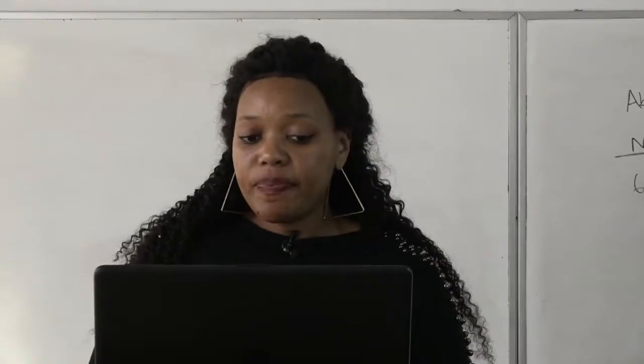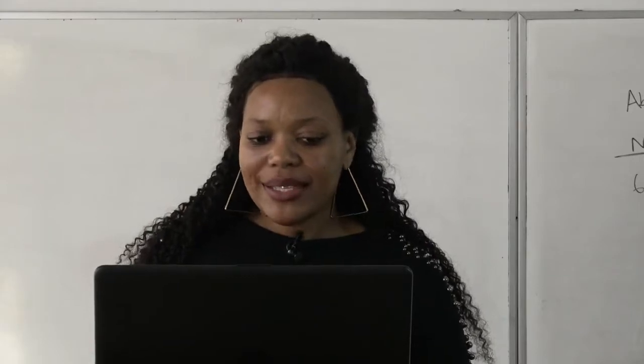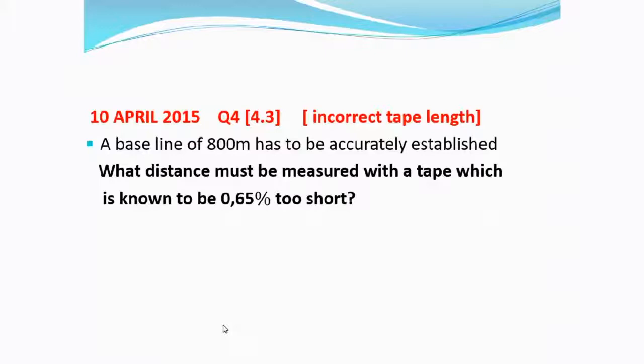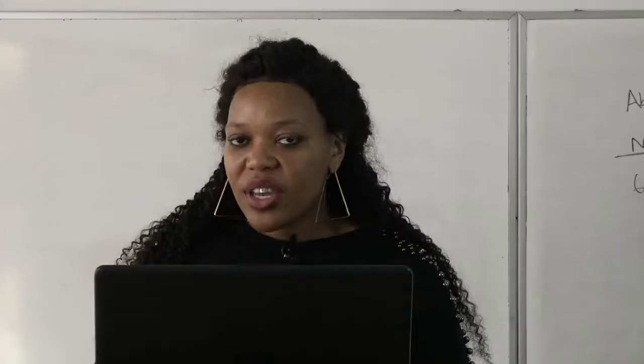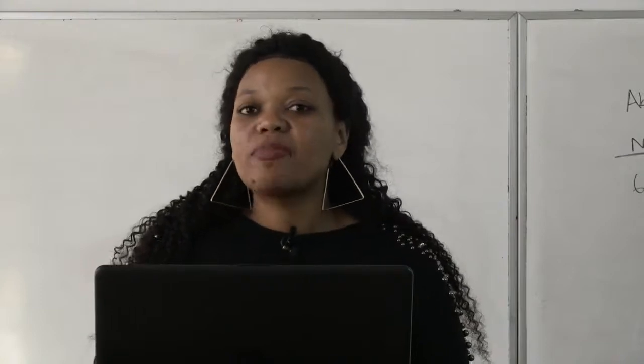Looking at the question, you are told that a baseline of 800 meters has to be accurately established, which means this is the correct distance. We are now given what? The correct distance. What distance must be measured?